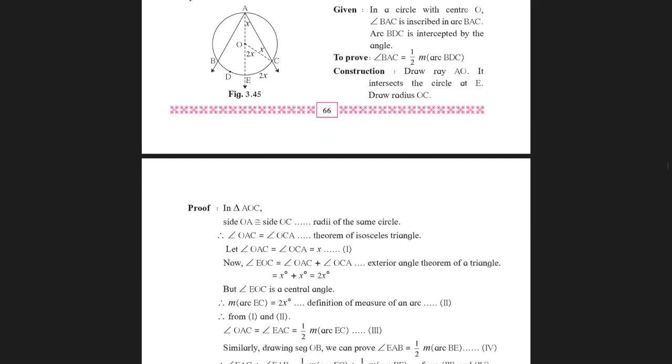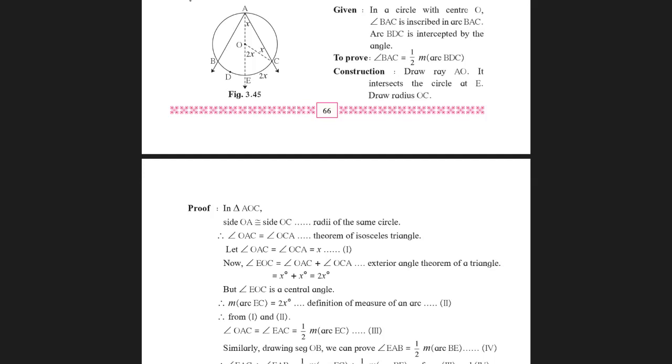Angle EAC and angle OAC are one and the same, because A, O, E are collinear, and it is equal to half of the measure of arc EC. So you find that angle EAC is x, and the arc EC is 2x. So definitely the measure of angle EAC is half of the measure of arc EC. Mark it as equation number 3.